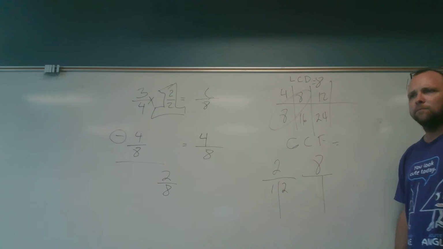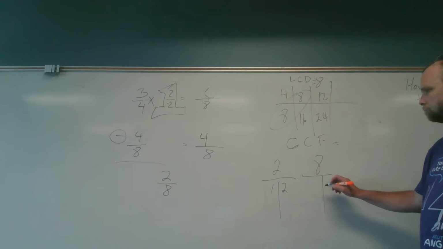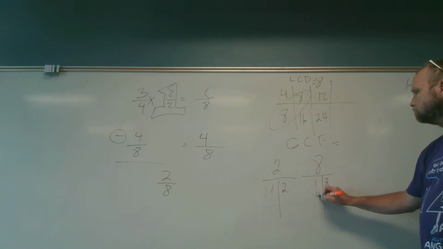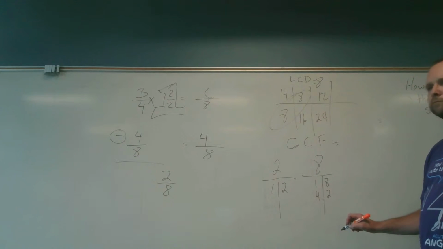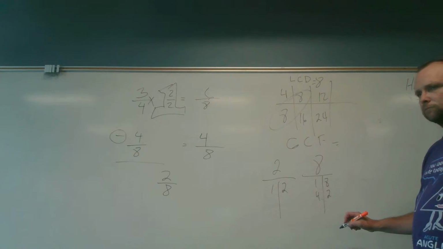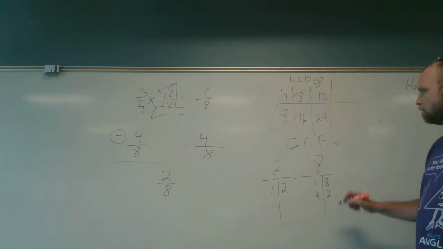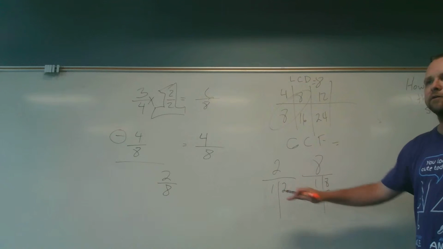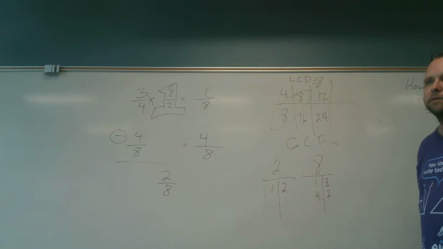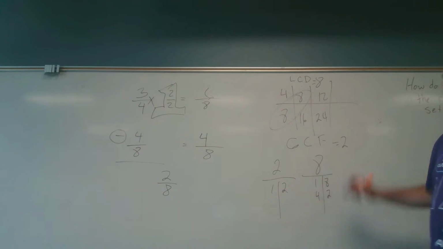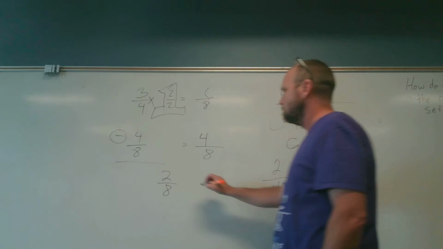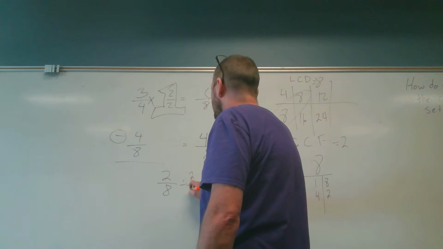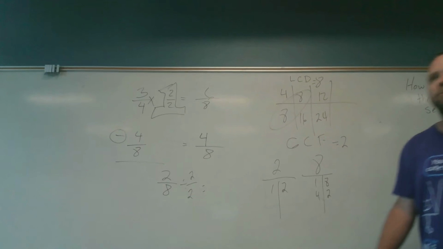Factors of 8, Jacob. 1 times 8, 4 times 2, 2 times 4. Okay, so that's it. Jacob, what's the greatest common factor, the biggest one they have in common? 2. I take my greatest common factor and I divide both my numerator and denominator by 2.